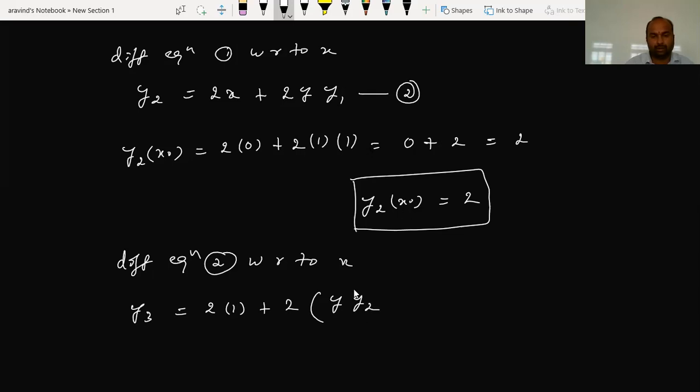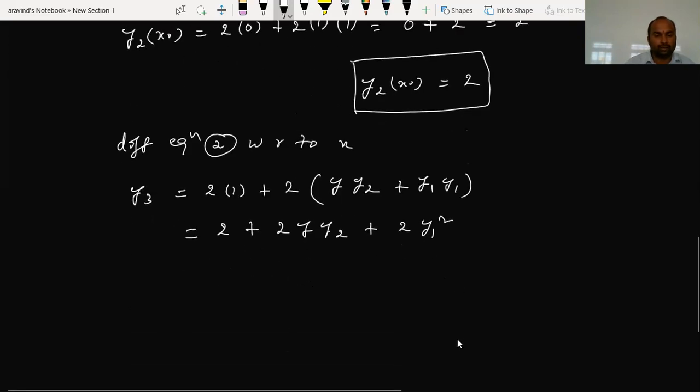Y into y1 derivative is y2 plus y derivative is y1 into y1. So what we will get? 2 into 2y into y2 plus 2y1 into y1, it becomes y1 square.